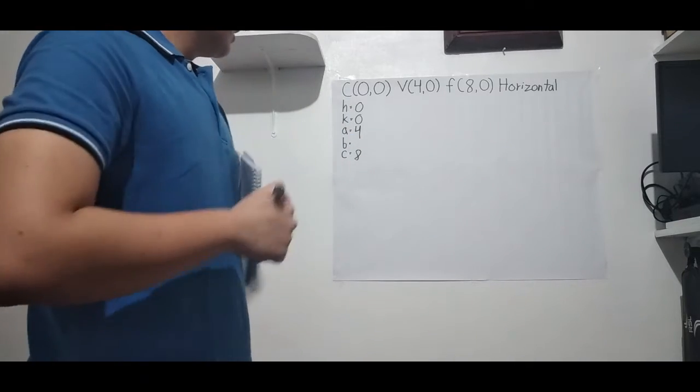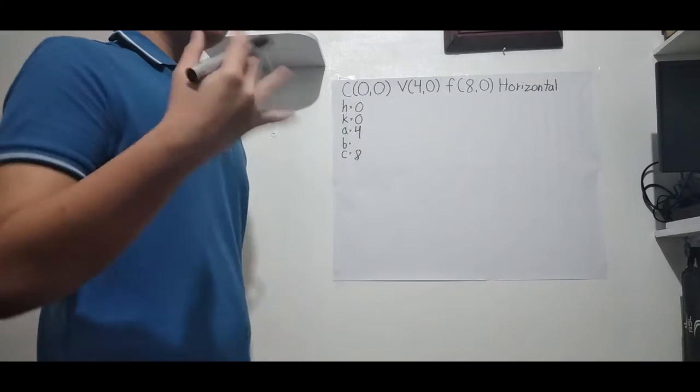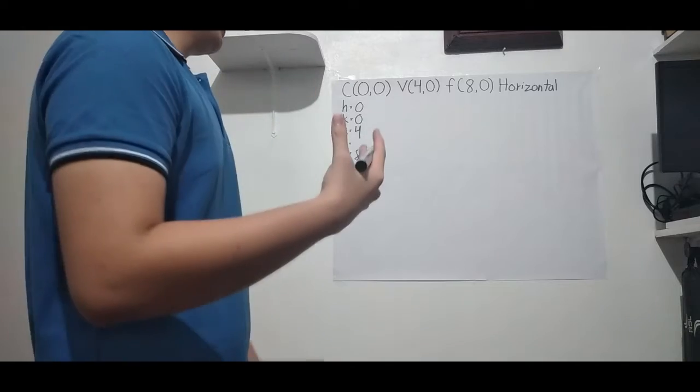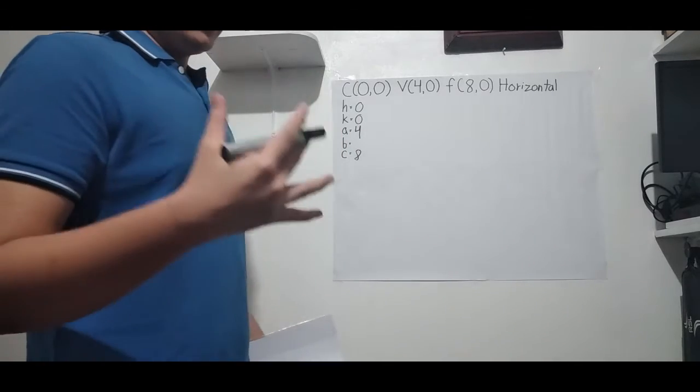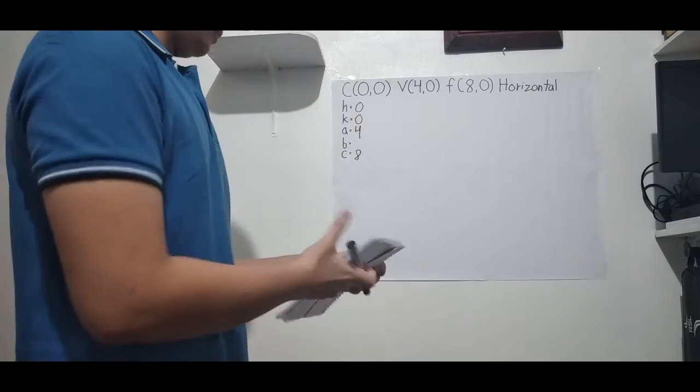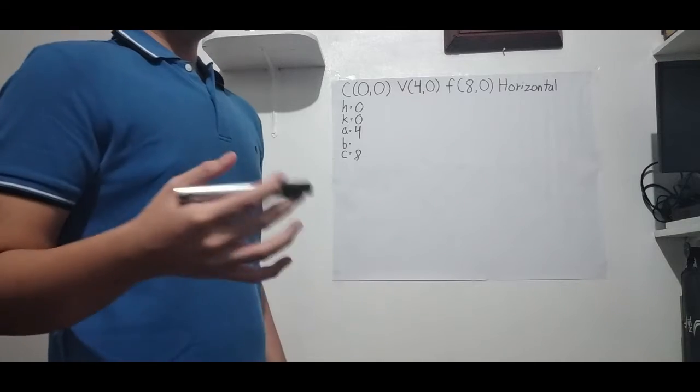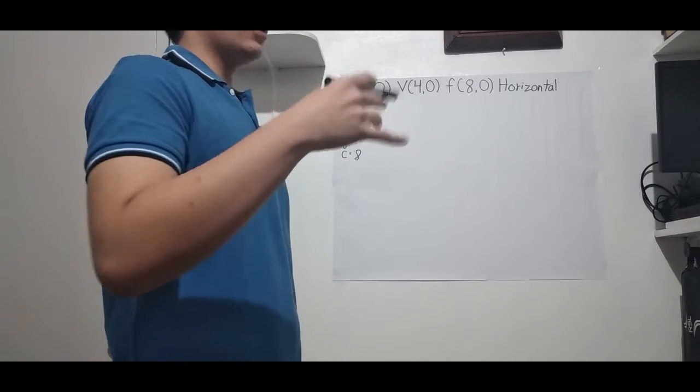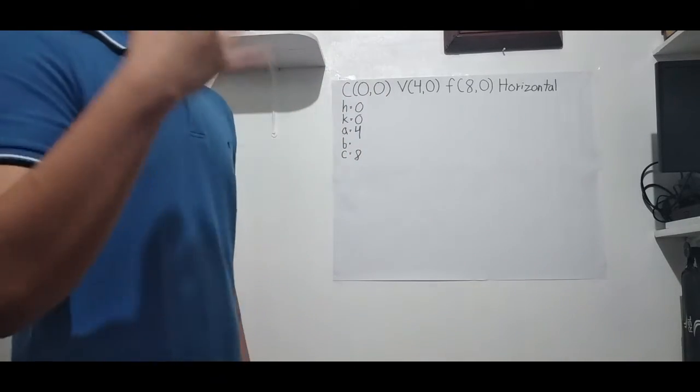Now, how do we find the letter b? We can find b using the Pythagorean theorem: c squared is equal to a squared plus b squared.